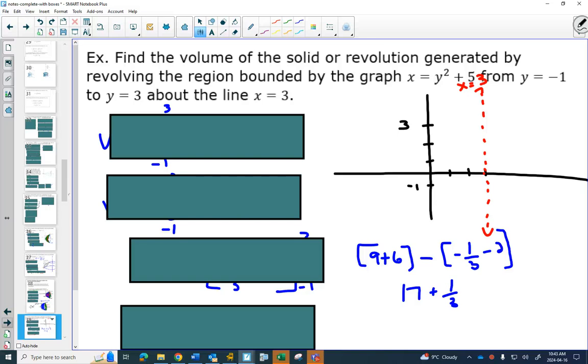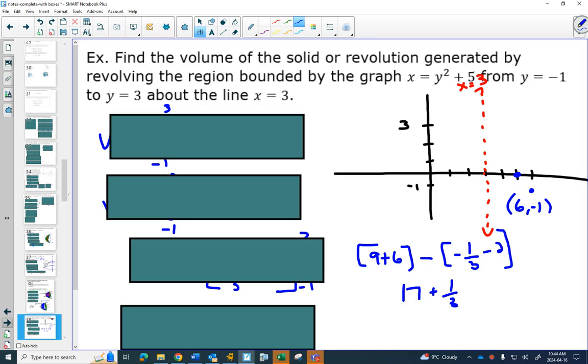When y is 0, x is 5. -1 is going to be an important point. When y is -1, can you see that x is 6?